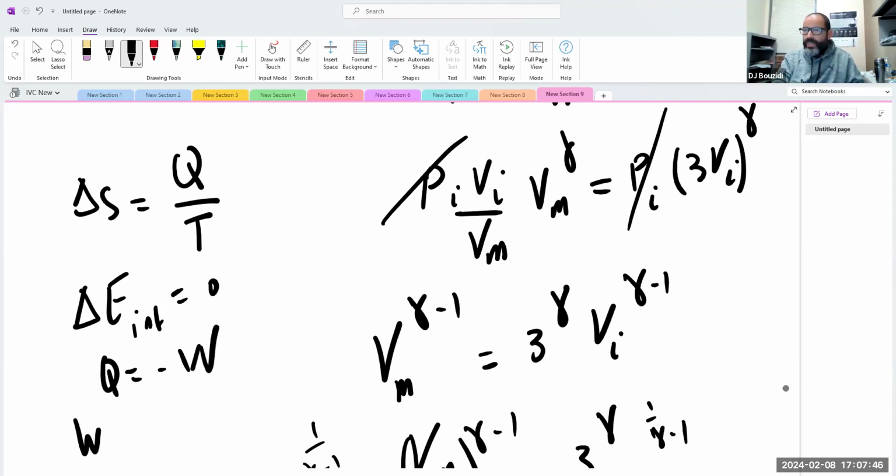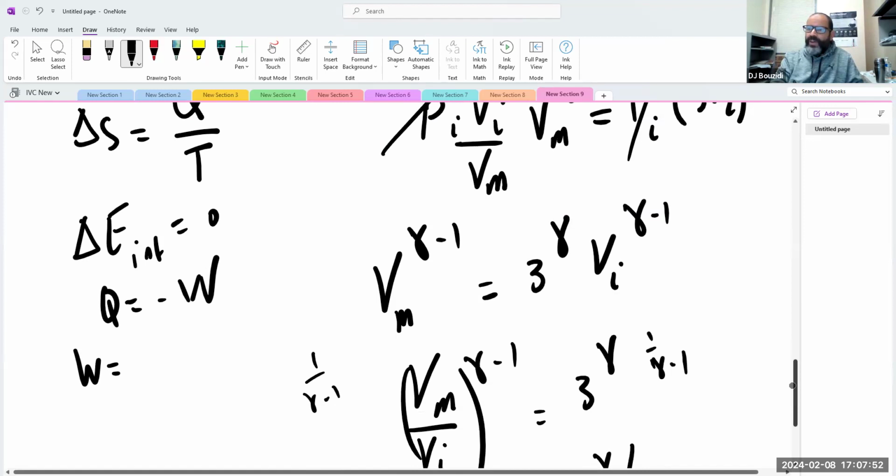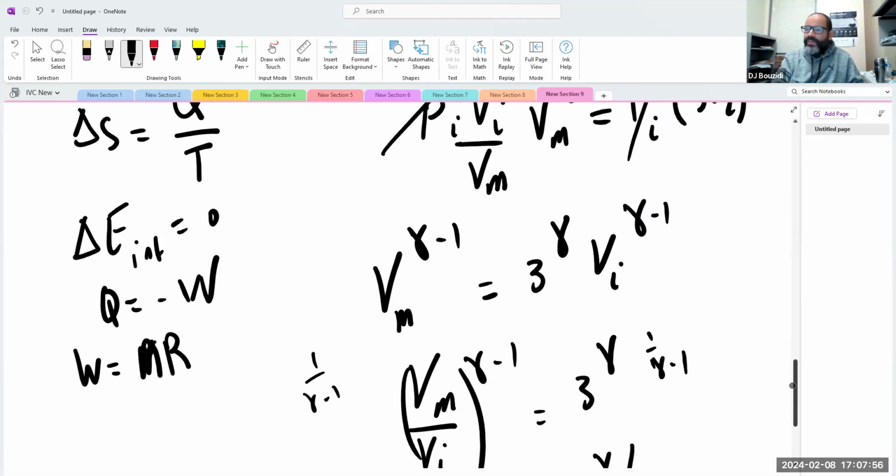And the work in this case, if you guys remember, it's just nRT times the log of the initial volume over the final volume. We did that in lecture. And if you have difficulty with it, please let me know. Just integrating that work, minus PdV integrated from the initial volume to the final volume with a negative sign in front of it. That's why the ratio in here is flipped, Vi over Vf. And Vf in here is that middle point, okay?